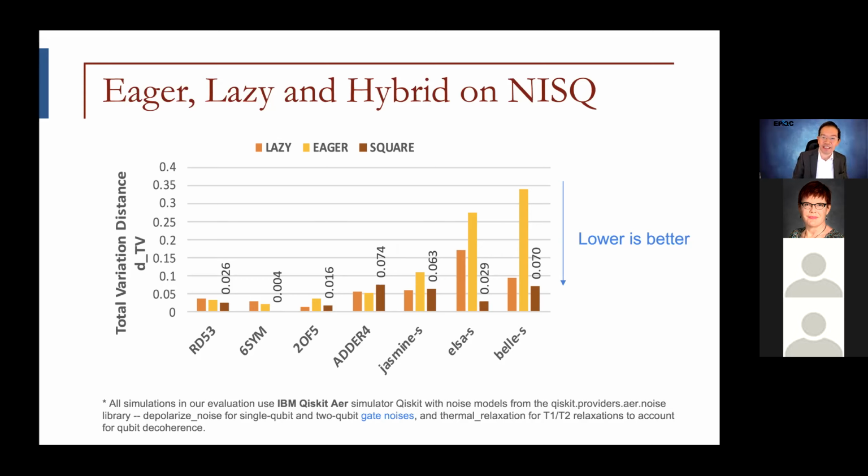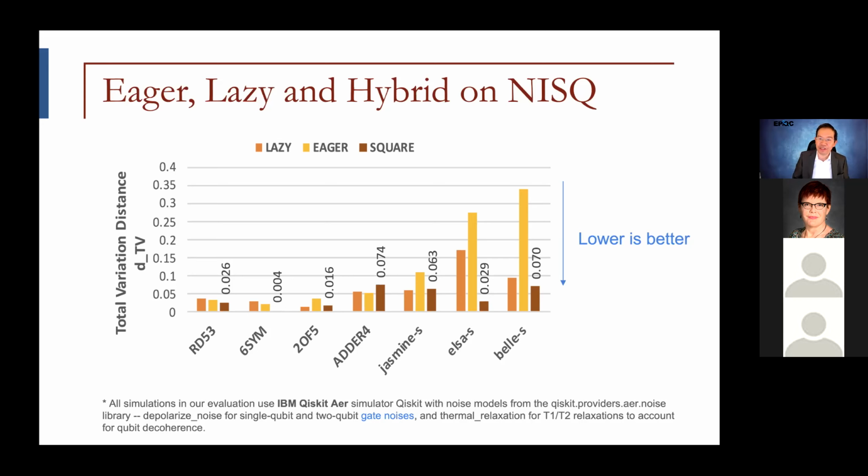But what's surprising actually is that we designed this approach for future fault-tolerant machines in which gates would not be so expensive. But we were surprised that when we ran this on an IBM-like machine here, this is actually simulated. It's an IBM machine, but with parameters that are slightly better than current IBM machines, because you don't see this uncompute effect until you have deeper circuits.